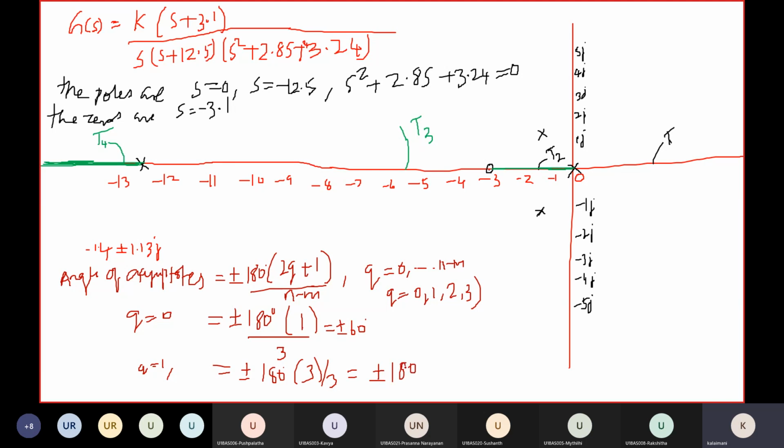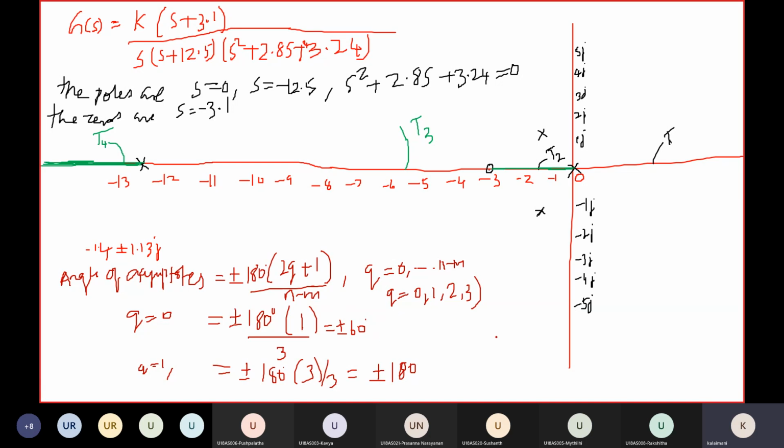But I need only 3 asymptotes, because already one root locus branch starts from a pole and meets at the zero at s equal to minus 3.1. Therefore, the remaining 3 root locus branches only start from poles and follow the path of asymptotes to meet at zeros at infinity. So I need only 3 angles of asymptotes: one is plus 60, another is minus 60, then I take 180 degrees. These are the 3 asymptotes.